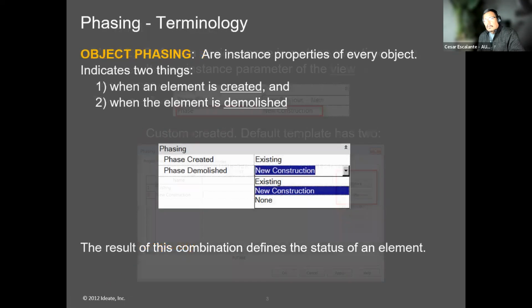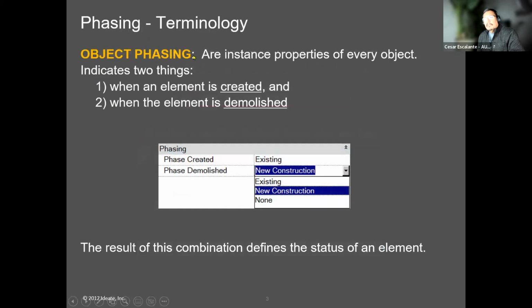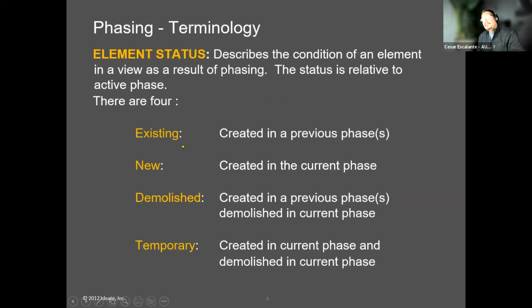So very quickly recap where we're at. A phase is a global parameter. It's a sequence of scope of work stage over time. Object phase are properties of every object, indicating when an object is created and when it's demolished. The combination of these parameters gives me the element status.